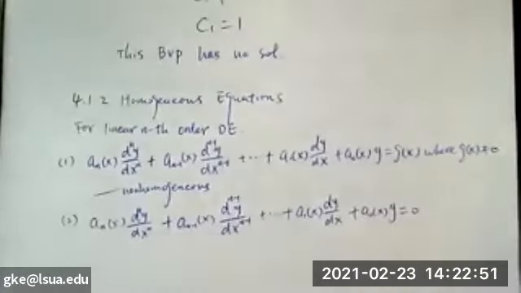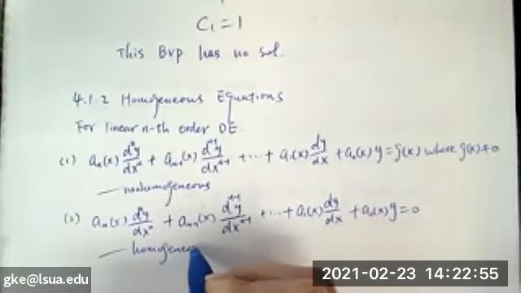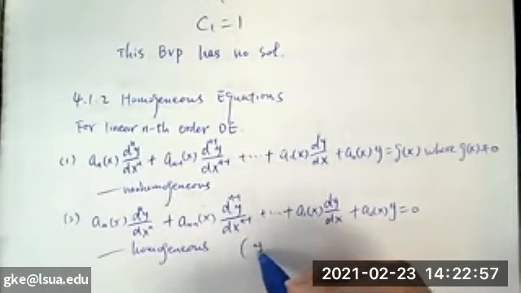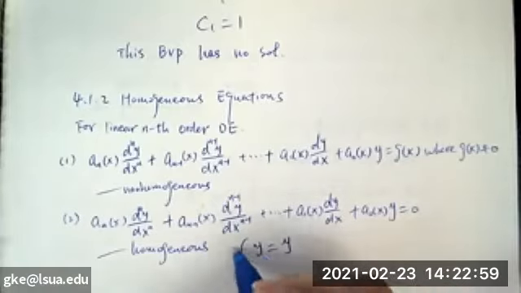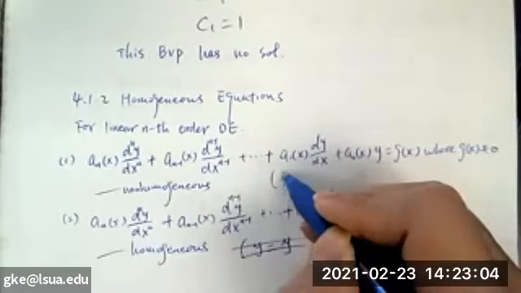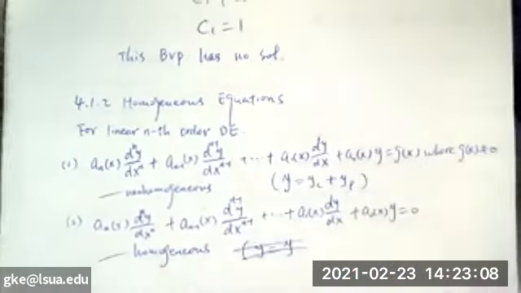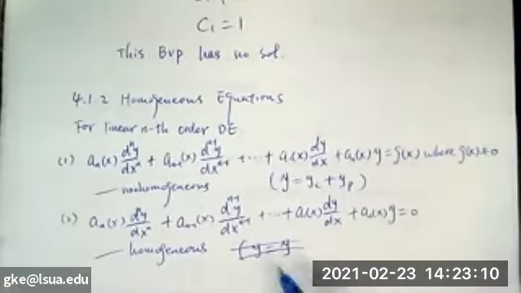Okay. And we call this one homogeneous. Or we can write down the solution for the non-homogeneous as y equals yc plus yp. Okay, so that's what we learned before.